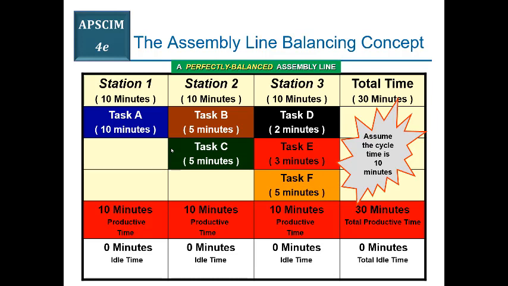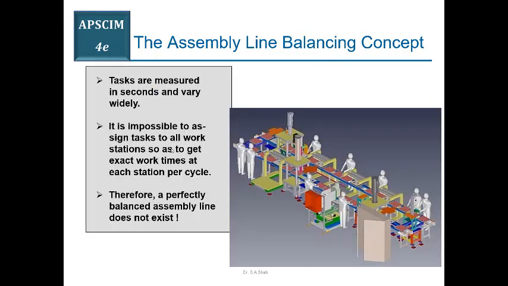So your solution will be something like that, you know. So normally tasks जो है they are measured in seconds or minutes, and they will vary from one another, and it is impossible to assign tasks to all the workstations so as to get the exact work times at each station.